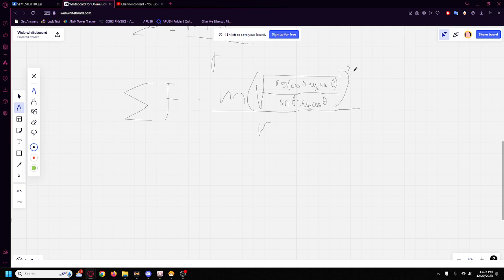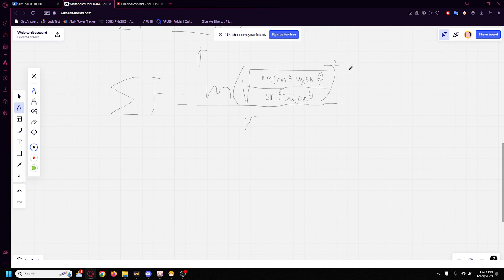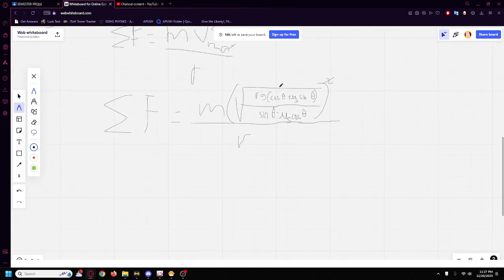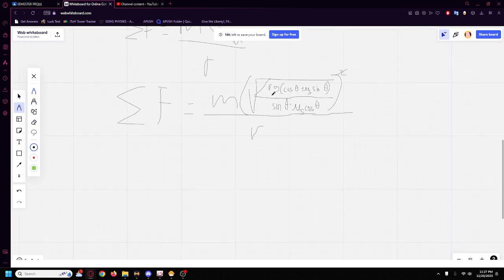and it's squared. So that means that the square cancels with the square root.